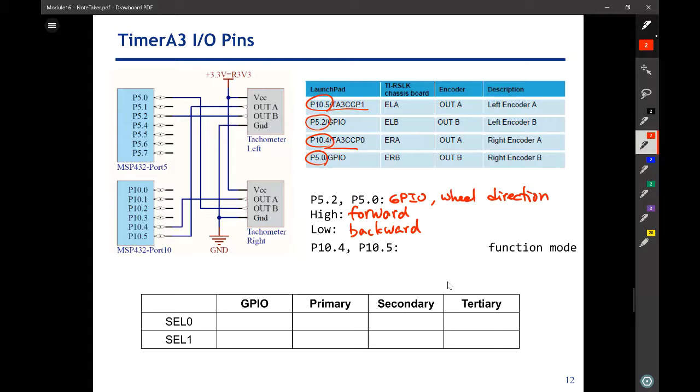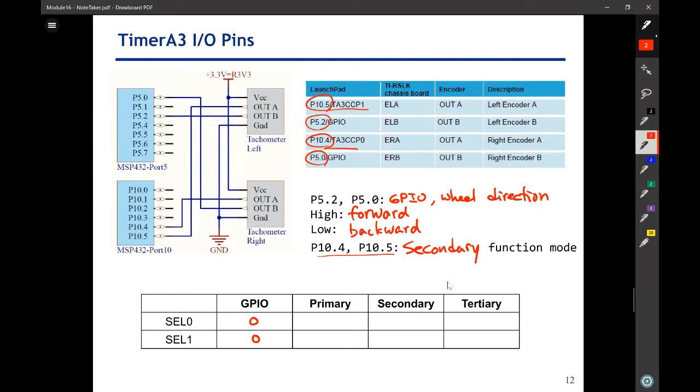And 10.4 and 10.5 are for timers, so this is not GPIO. We have to let the timer control these two pins, so we need to use a secondary function mode. As you probably remember from previous sections, if you set the SEL0 register and the SEL1 register to 0, 0, that is GPIO mode.